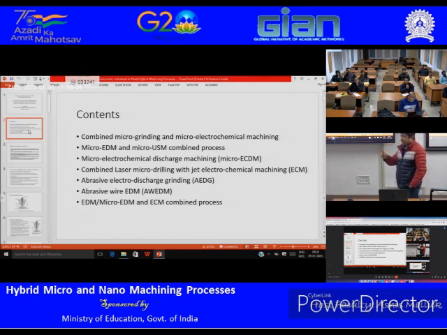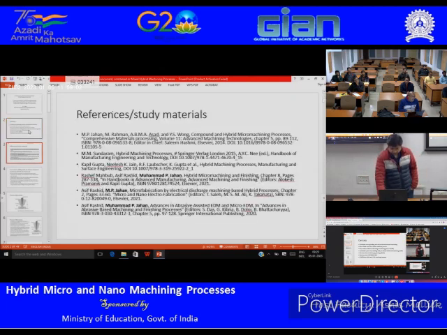This is not the ECDM process that Prof. Rahman was talking about yesterday. It's not fully ECDM, but you also cannot say this is purely ECM or EDM. It is simultaneous, with some sparking and some dissolution happening at the same time, but it is not an ECDM process. So I would say simultaneous or combined micro EDM and ECM process. That's what we are going to cover.